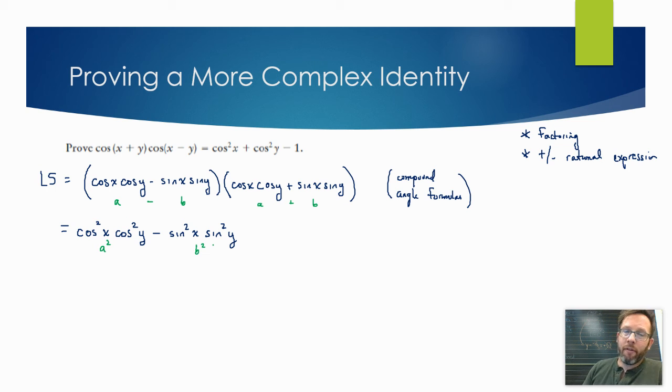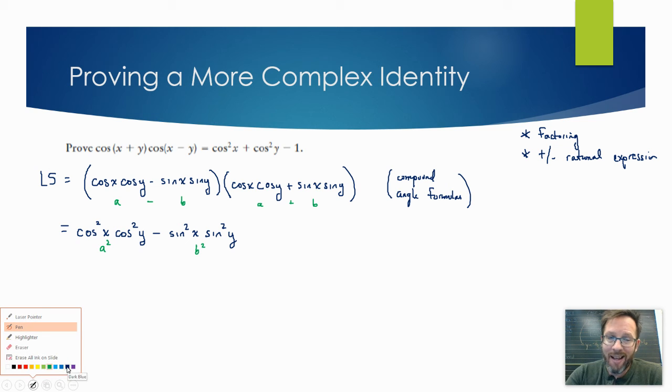Okay, where to next? I'm looking at the right-hand side. I see cosine squared x by itself, cos squared y by itself, and 1. And I don't see any of that happening right now. So another trick is, if we're looking at the right-hand side, we can see it's in terms of cosine squared. Let's take our expression here and write all the sine squareds in terms of cosine squared.